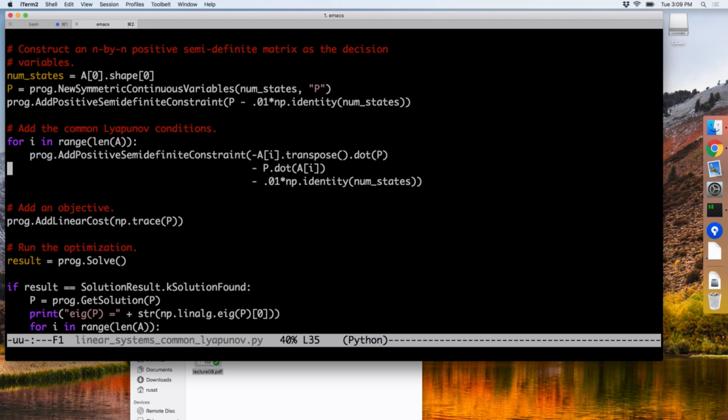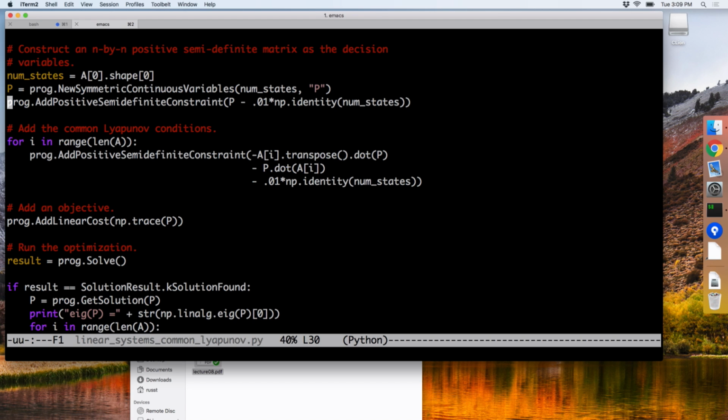I start a new mathematical program. I say, make me a new symmetric continuous variable, P, the matrix of decision variables. Add the semi-definite constraint that P is greater than 0, roughly. But if you notice what I did here, why did I add this 0.01 times np.identity? Sorry if NumPy isn't super readable.